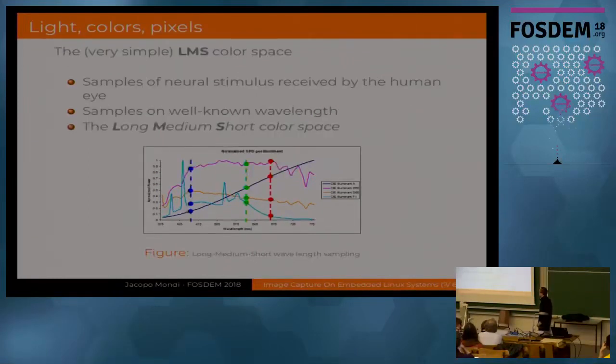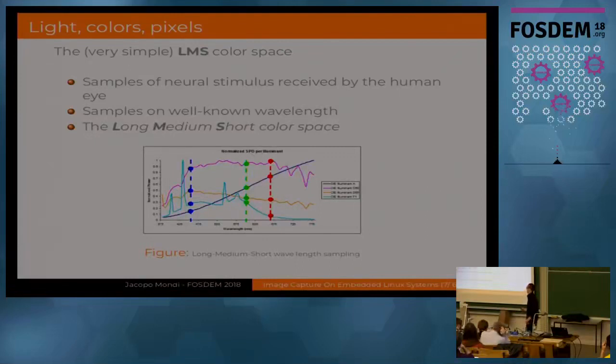So as we see basically three colors, the simplest way to find a correlation between the spectral power distribution and a numerical value is to sample, in correspondence to blue, green, and red, the value of the photometric property we're interested in. So if we want to describe a particular color in a mostly unique way, we can say that this is just the value of blue, this is just the value of green, and this is the value of red that gives you that color.